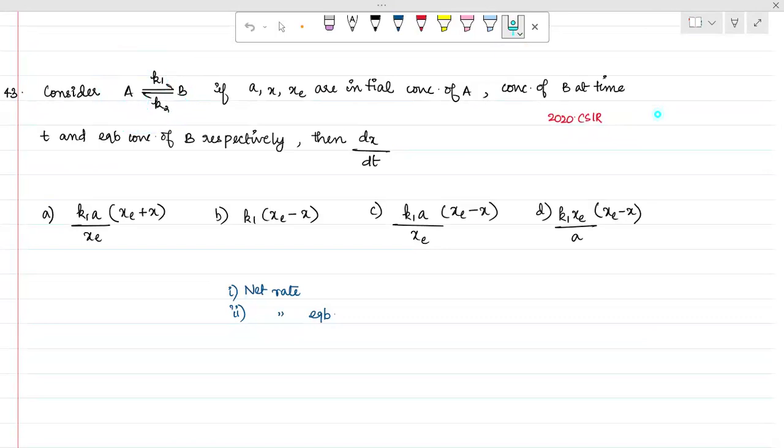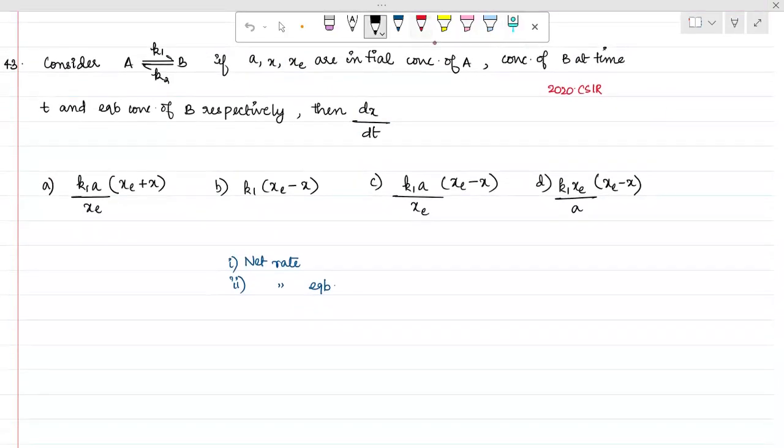They have given that if A, X, Xe are initial concentrations of A, concentrations of B at any time T, and the equilibrium concentrations of B respectively, then dx by dt is. So we need to understand each and every term in order to solve this.